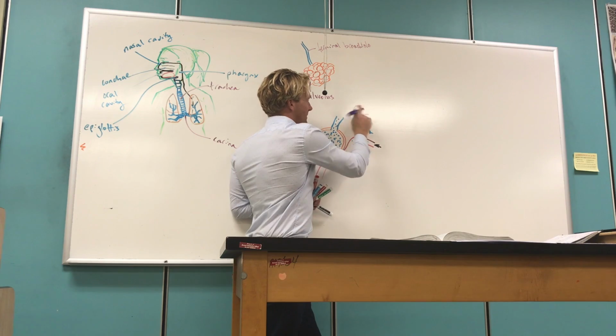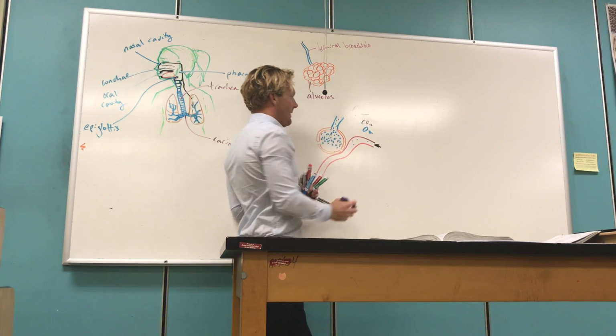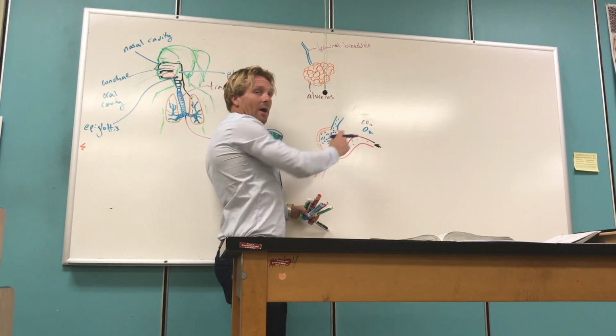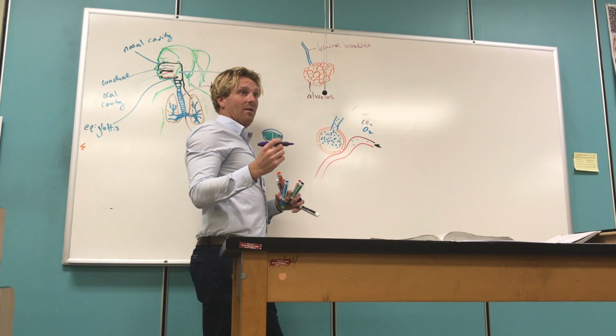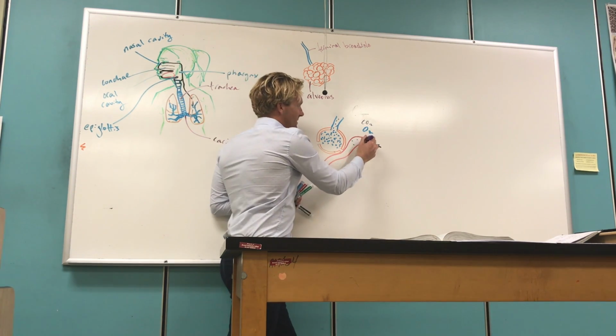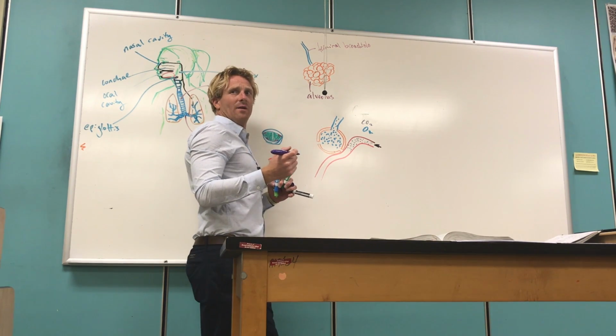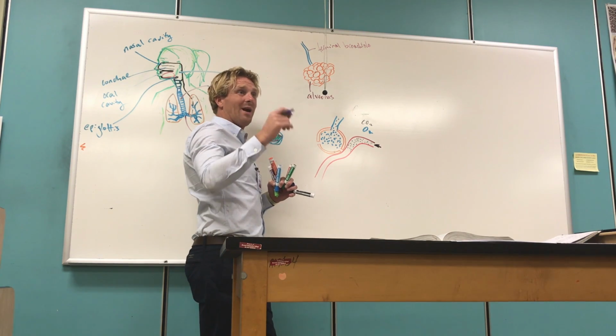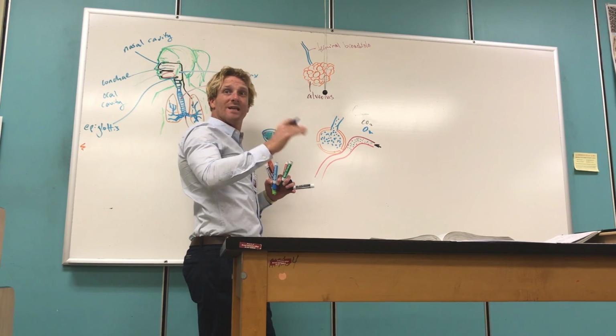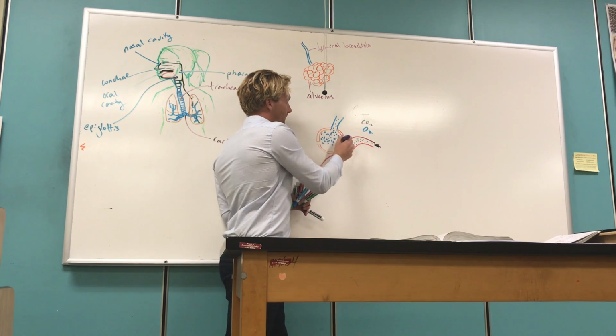So we'll draw CO2 in this dark purple. In this blood, is there a lot of CO2 or a little bit? A lot, because it just came back from the tissues. You've got tons of CO2 in here. How about the air we breathe in? A lot of CO2 or a little bit? Just a little bit. Atmospheric air is only 0.03% CO2. So just a little bit.